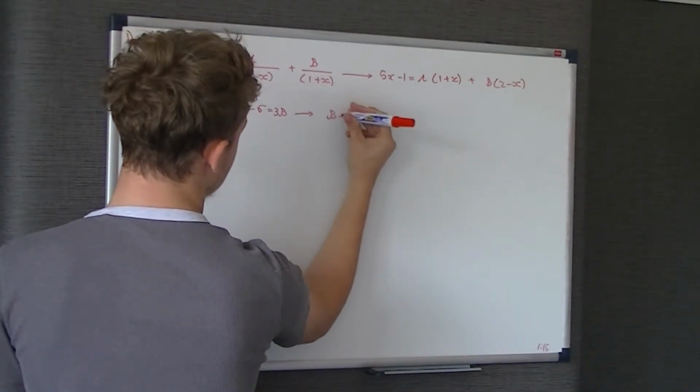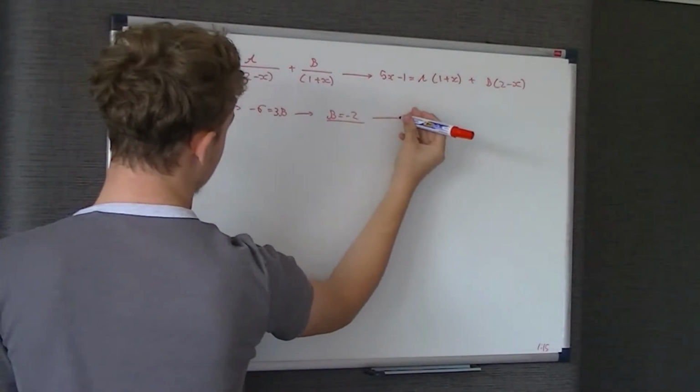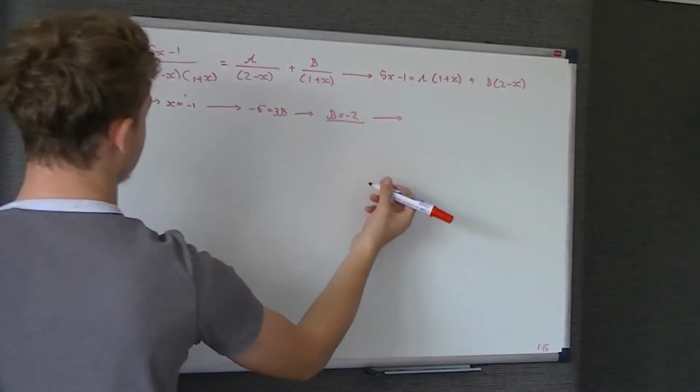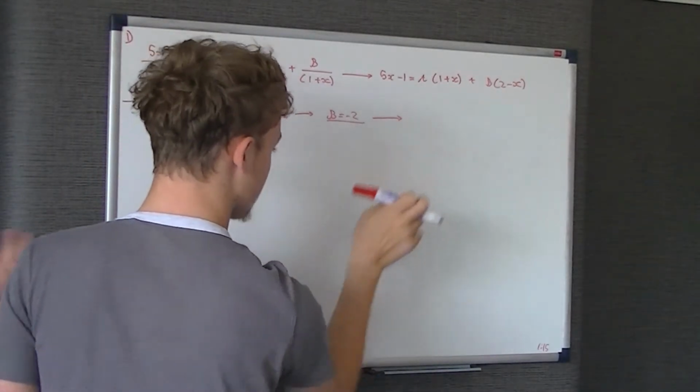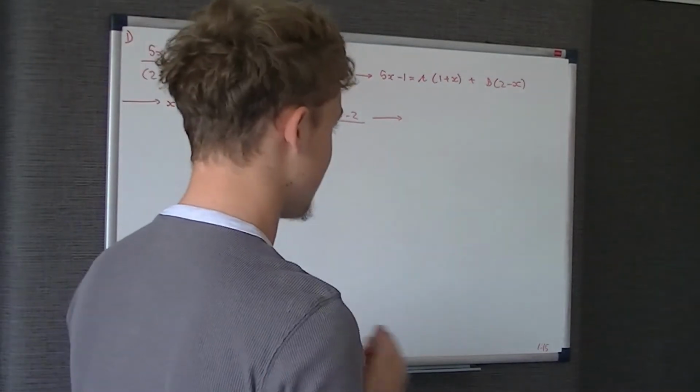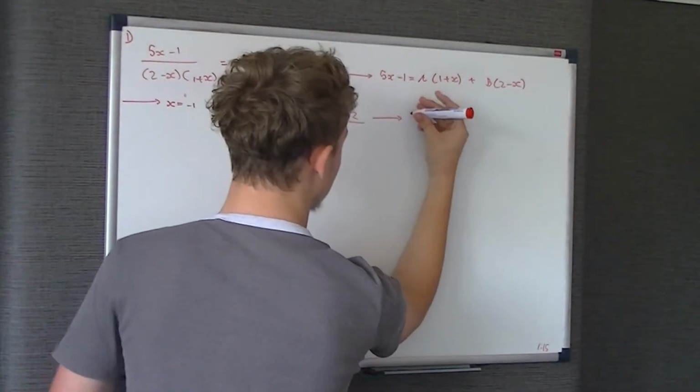B equals negative 2. Do the same for finding A, so we need to make B equal to 0. So if we make B equal to 0, then what would make 2 take x equal to 0? You could add x to both sides, so x equals 2, if you couldn't see it straight away.